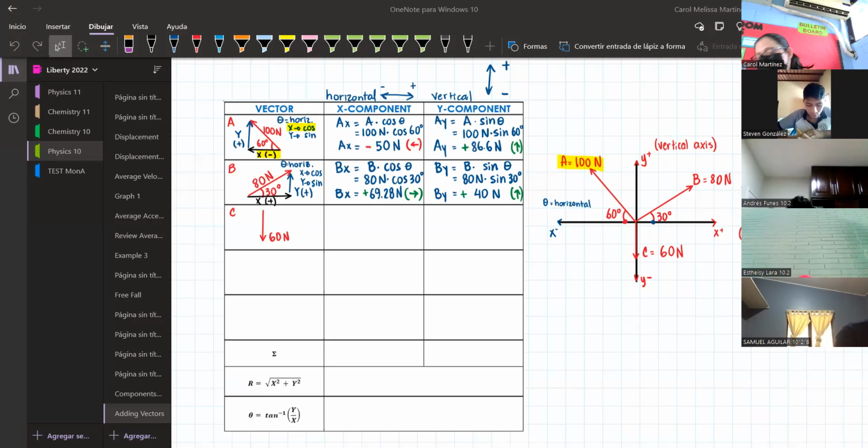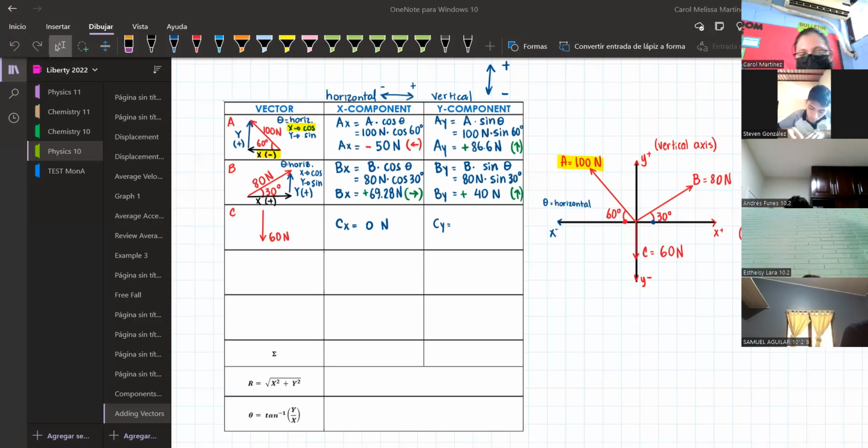Because it's not moving horizontally, just vertically, in the horizontal component we're going to write 0 directly, okay? So we can say that Cx is 0 Newton because it's not moving horizontally, it's just going downward, nothing else. Now, what happens vertically? Where is the vector going vertically?